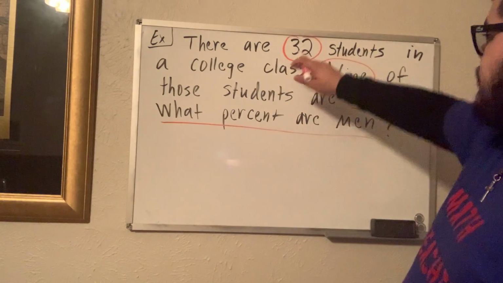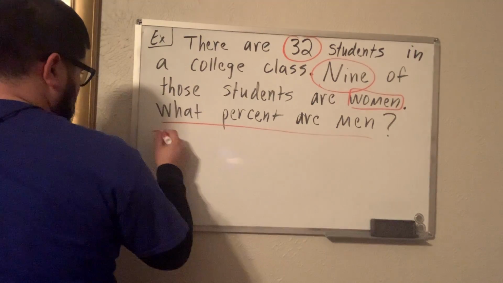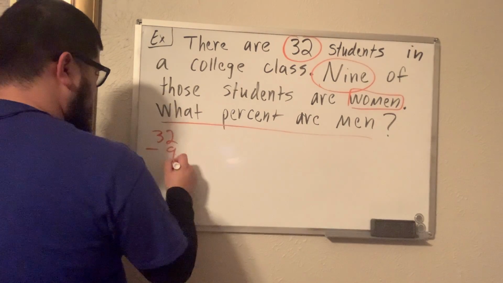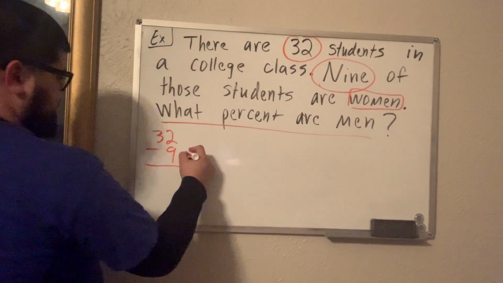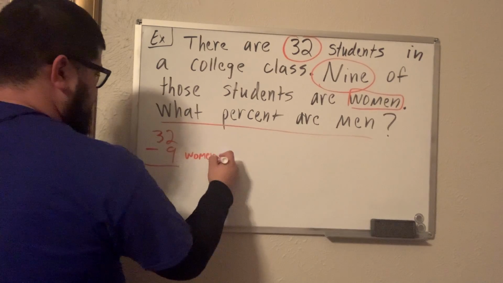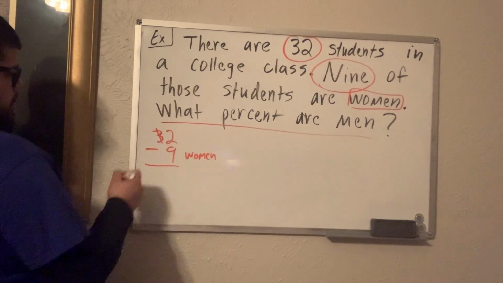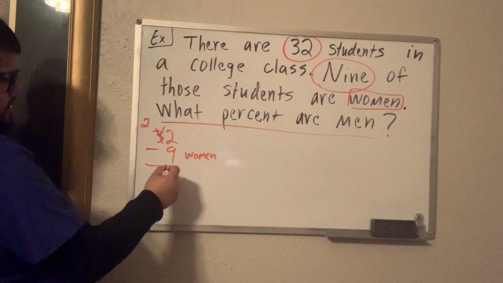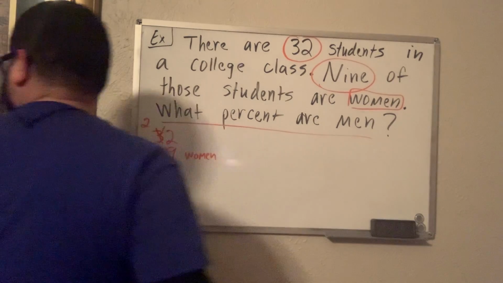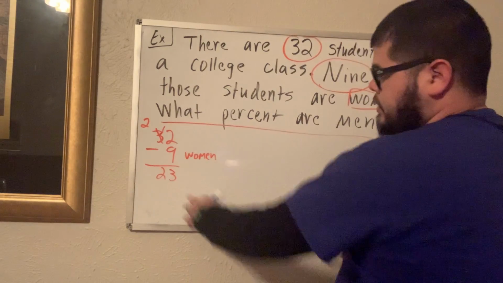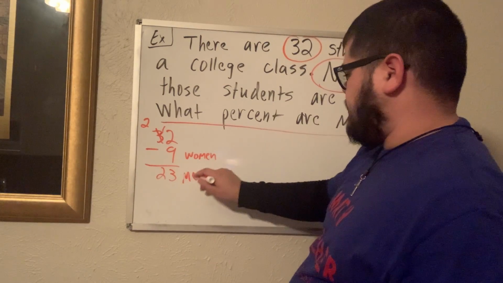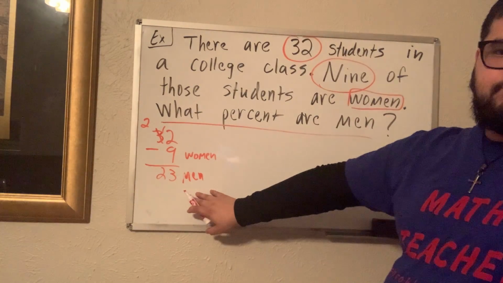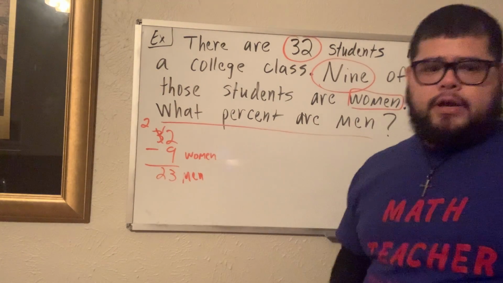We got to subtract 32 minus the number of women to get the number of men. So 32 minus 9, we're going to borrow from the 3, make it a 2. 12 minus 9, we get 3, bring down the 2. So we end up with 23 men, okay? 23 men. And that's our part that we know.